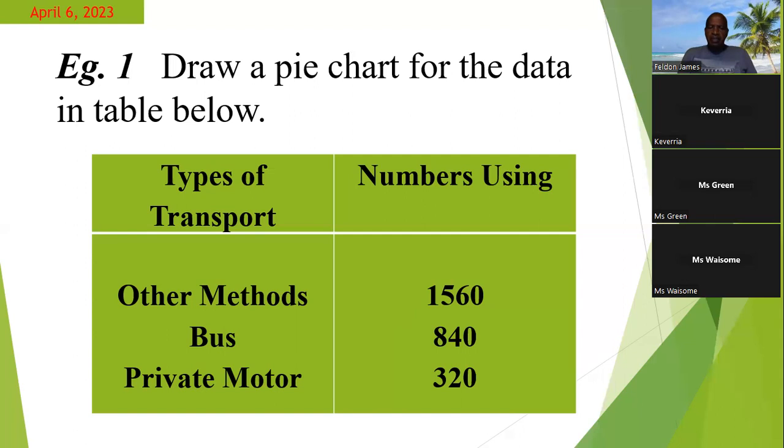And so when we are measuring angles, the angles have to measure correctly in order to get the right portions in terms of the representation, because we are not just estimating the portion, but we want to use correct measurement to get the portions in terms of the various sectors.